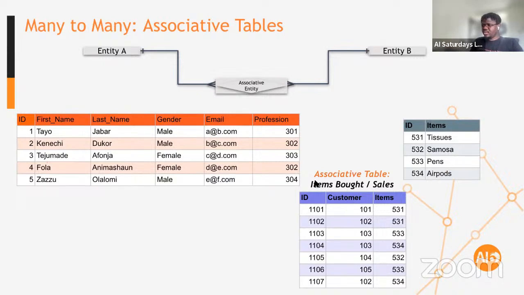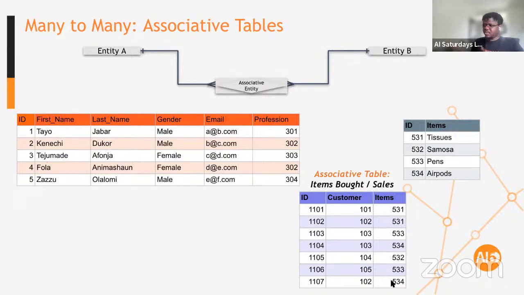So we can see that with this associative table, we can clearly distinguish what the customer is and what item they've purchased. It is still showing us a many-to-many relationship because you could have the same customer appearing multiple times in this table and also have the same items appearing multiple times.